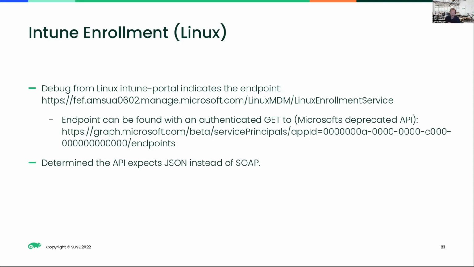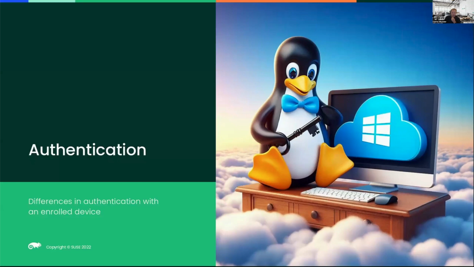But when I try to talk to that endpoint, it's responding in JSON. So it appears to be expecting a JSON input, and I don't know what the input is or what it's expecting. Okay. On to authentication, the differences and similarities between Azure AD enrolled device and not enrolled.